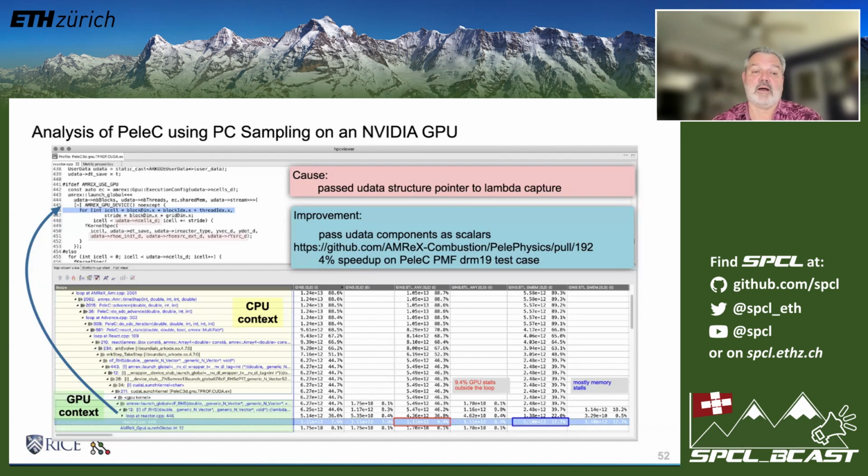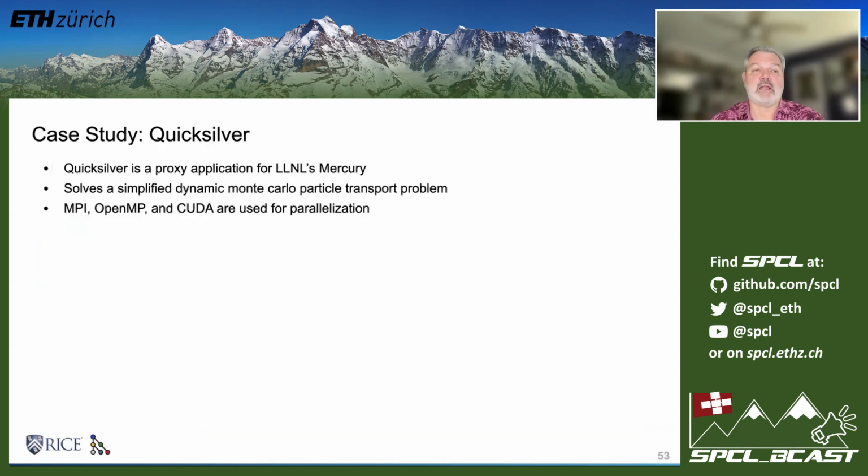This is just an adjustment to the GPU kernel, and this only came from using the detailed binary analysis within the GPU kernels. And then finally, Quicksilver, just to show you something interesting, what we're doing with the PC sampling. Quicksilver is a proxy application for Lawrence Livermore National Labs' Mercury code.